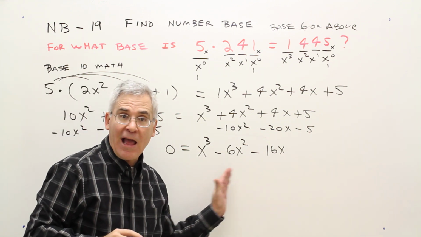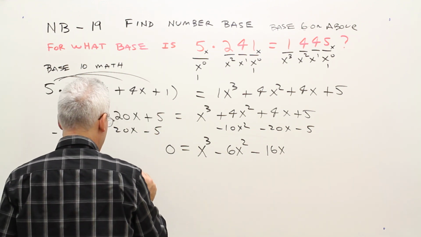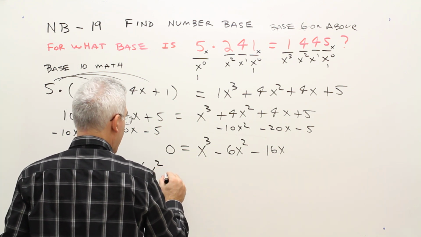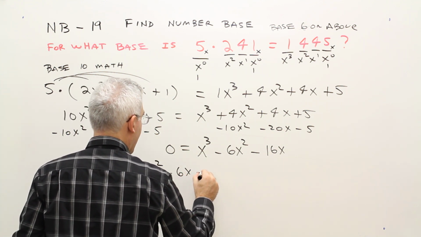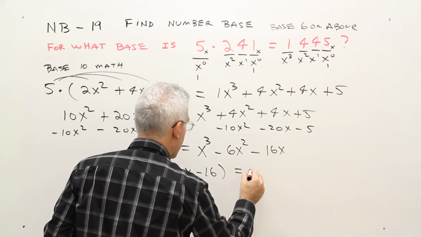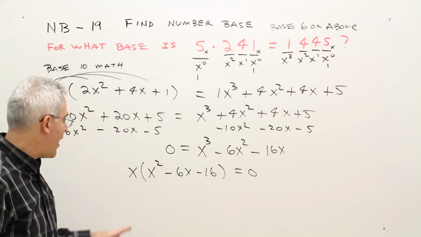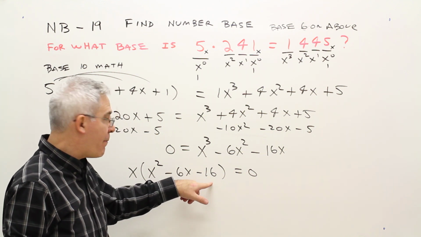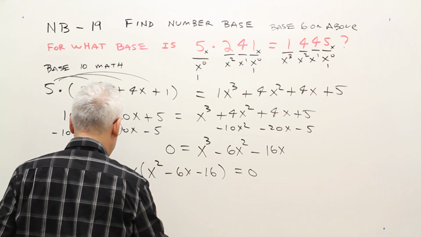I'm going to factor an x out of here. So it's going to turn into x times x squared minus 6x minus 16. I like to put the 0 on the right-hand side. And let's see if this is factorable. A minus 8 and a plus 2.